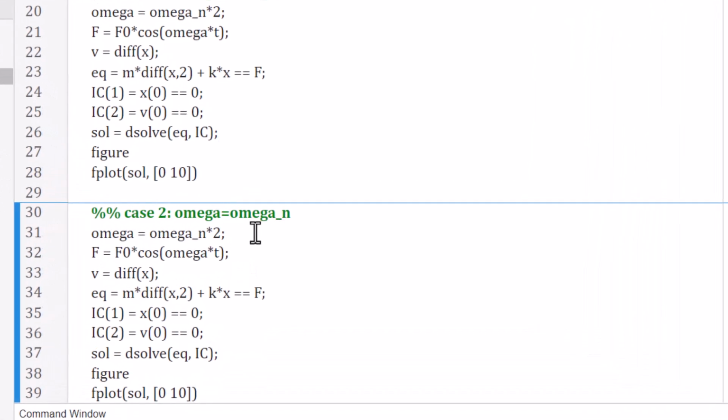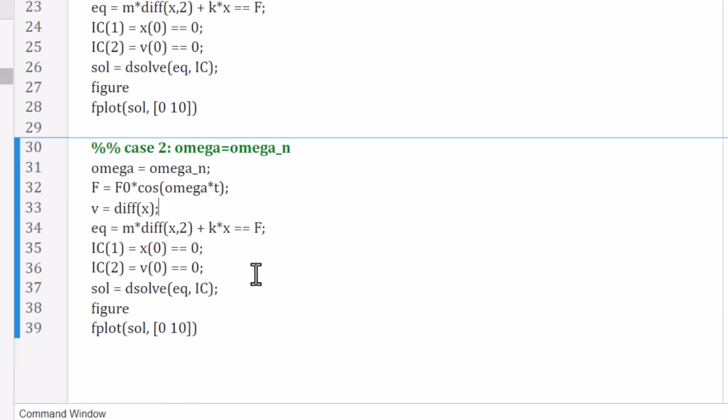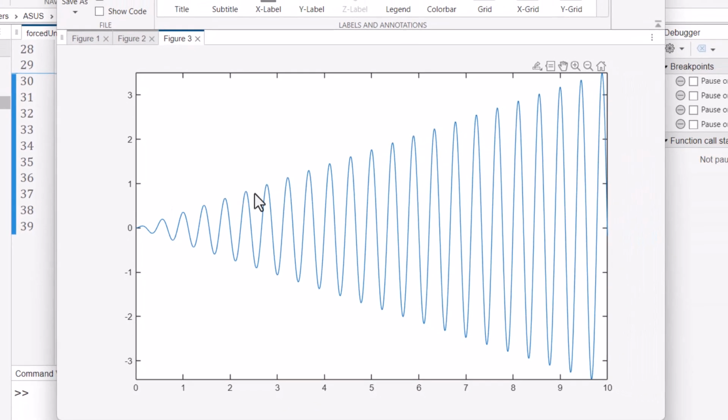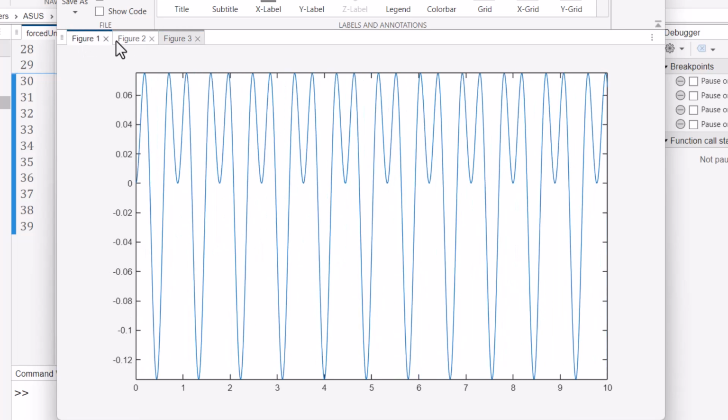Okay, but case 3 is when the external excitation is going to be at the same frequency as the natural frequency of the system. It means omega is equal to omega n. And if I run the third case, you can see that the response is completely different than the 2 previous cases.